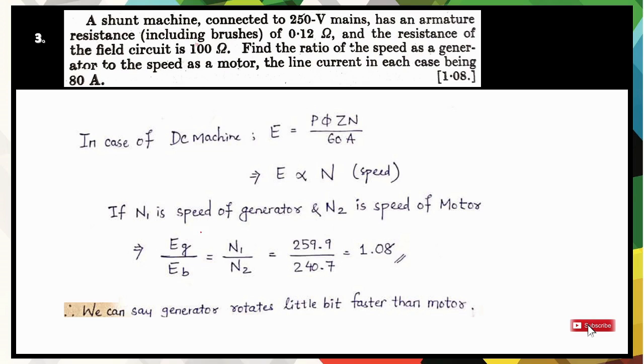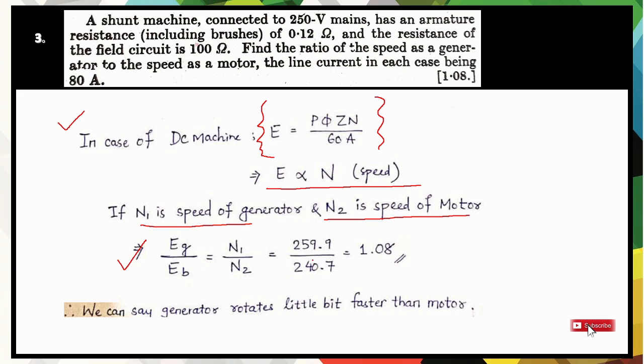So we know that in case of DC machine, this is the formula for generated EMF, E equal to PΦZN by 60A. So you can say E is proportional to speed N. So you can write Eg by Eb equal to N1 by N2, where N1 is the speed of generator and N2 is the speed of motor.